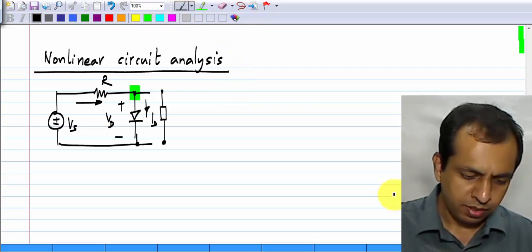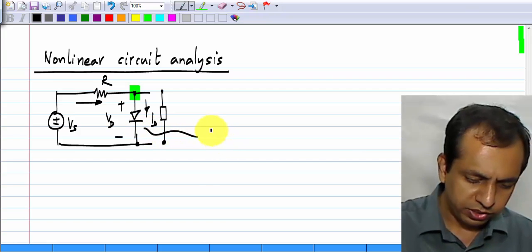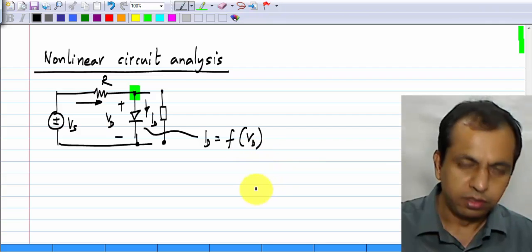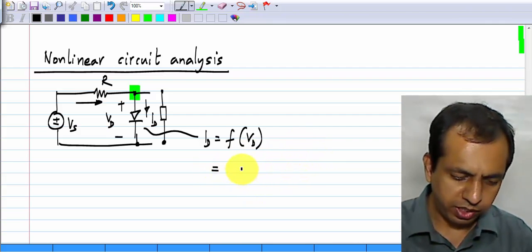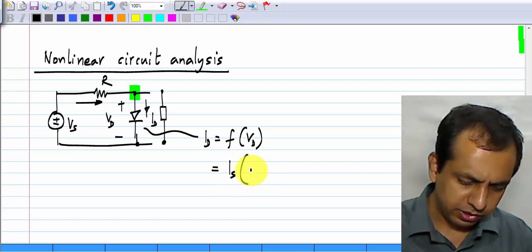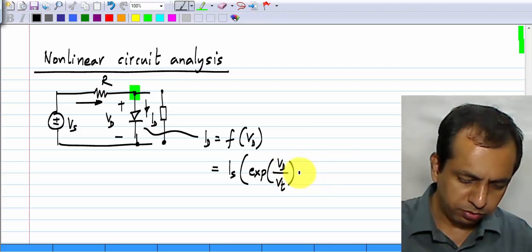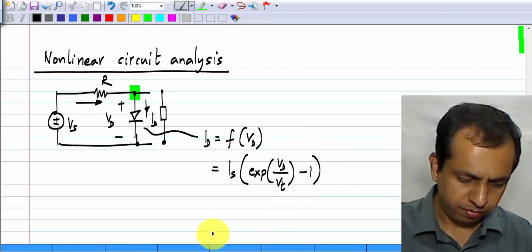Now, the diode itself tells you that Id is f of Vd. This is the general case for any nonlinear element, and in case of the diode, it is Is exponential Vd by the thermal voltage minus 1.